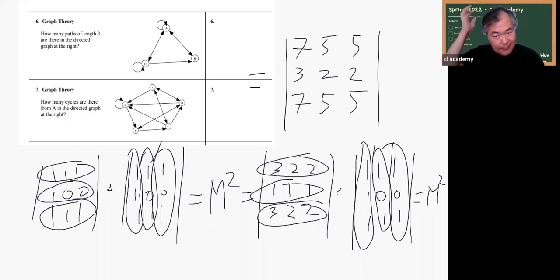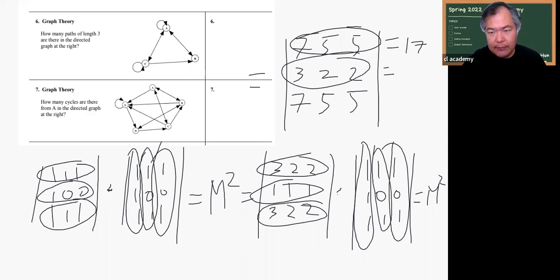Then what you do is add up all the digits here, and that gets us 17. Then we add up all the digits here, and that gets us 7. We add all the digits, and 17. So what is the total?